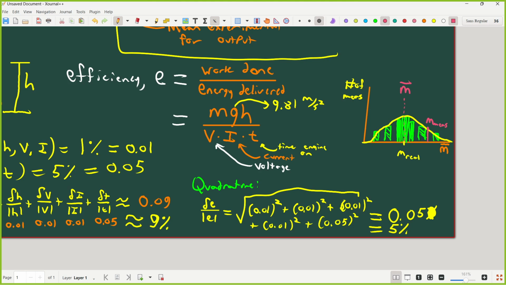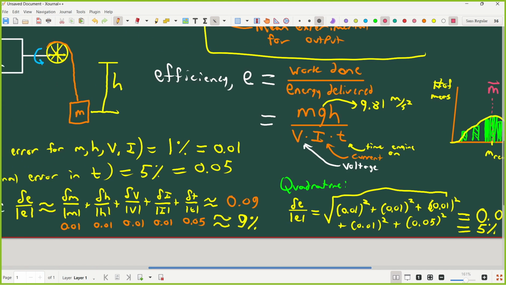And so when you do the straight additions, what this is saying is that it's approximating the error and the efficiency given that your measurements of each of the experimental variables are on the edges of the possible distribution. That you've done kind of a poor job in your measurements and you're off from the mean value a little bit, the real value for each variable.